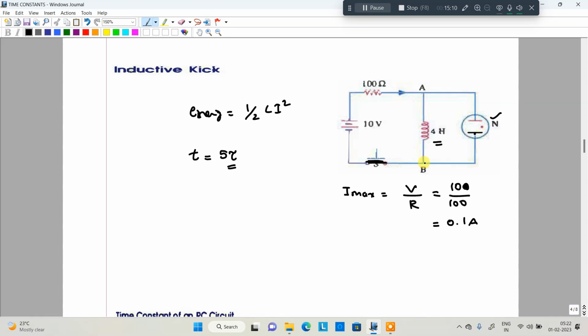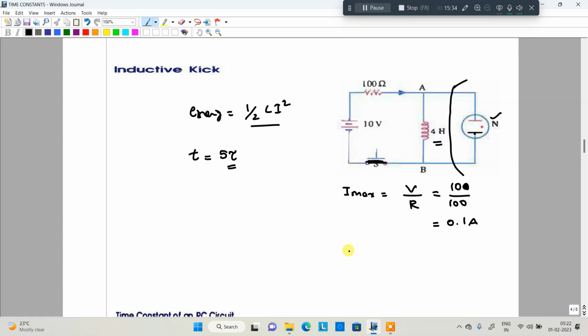So whenever I disconnect this particular lamp, suddenly what will happen? The inductor has already stored the energy of half L I square, and it is trying to discharge this stored energy. There is no path to discharge the current, but the inductor always opposes a sudden change in current.